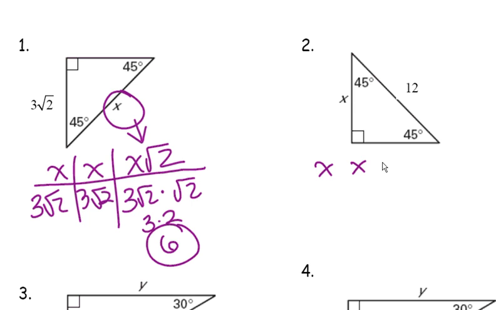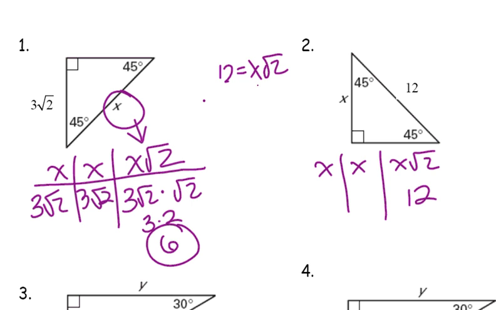All right, same thing works. x, x, x radical 2. This time the piece that I know is the hypotenuse, so 12, which means that these two are equal to each other. So 12 equals x radical 2. To solve for x, I have to divide by radical 2. But we all know we cannot leave a radical in the denominator, so we have to rationalize.